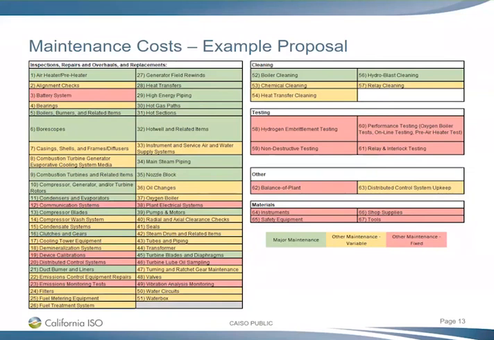By definition, your major maintenance includes non-periodic activities that take place with a lengthy outage. Yeah, that's a good point, and it's certainly something that we have been trying to suss out ourselves.